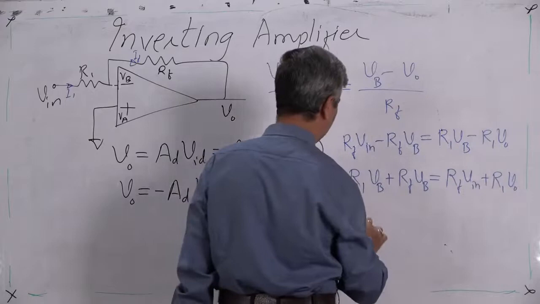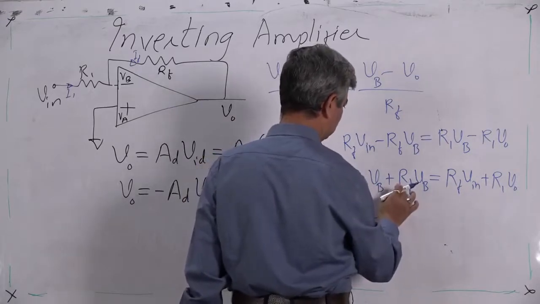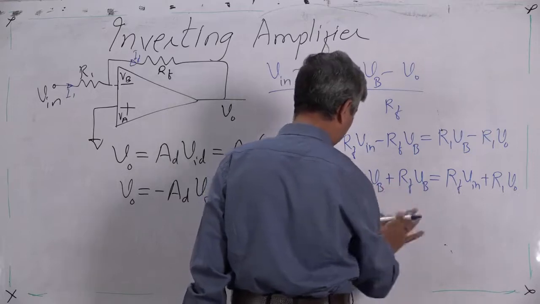So VB is equal to, VB comes common and R1 plus RF remains in the bracket.